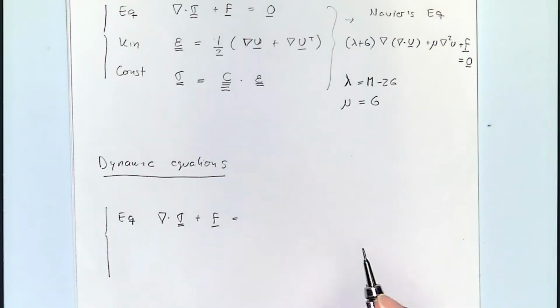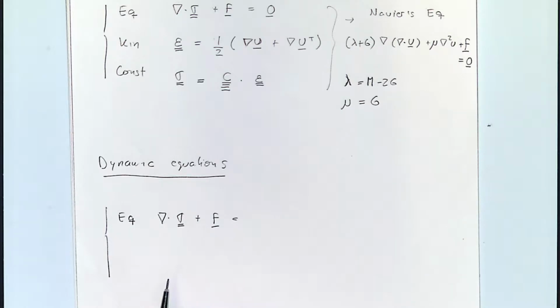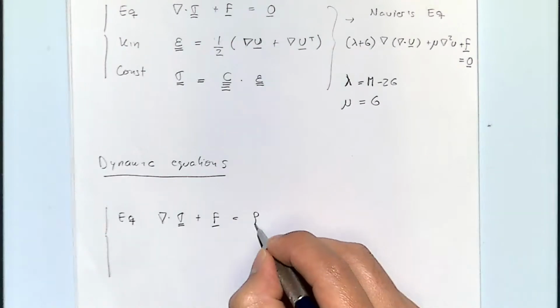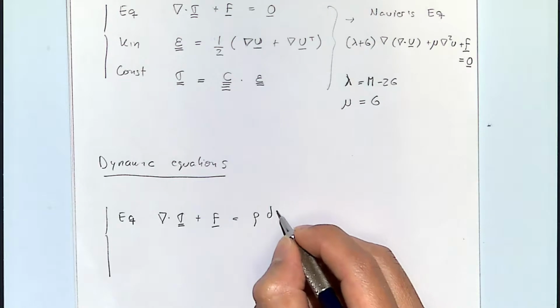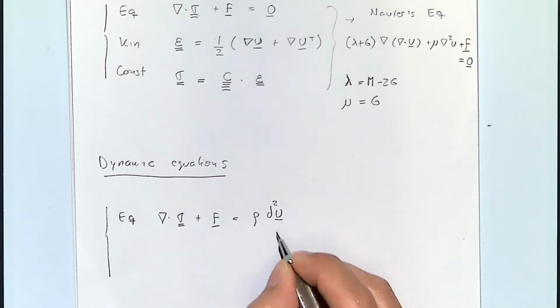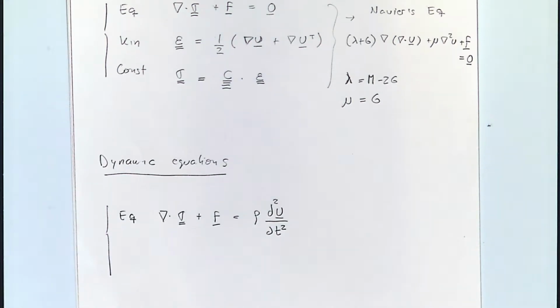Before I write the inertial term, remember, stress is a concept linked to area, so it's force per area. And inertia, we know, is mass times acceleration, right? But we cannot write mass here. We need to write this in terms of volume. Mass per unit of volume is density. So density goes here, and here we have the second derivative of the displacement vector with respect to time.